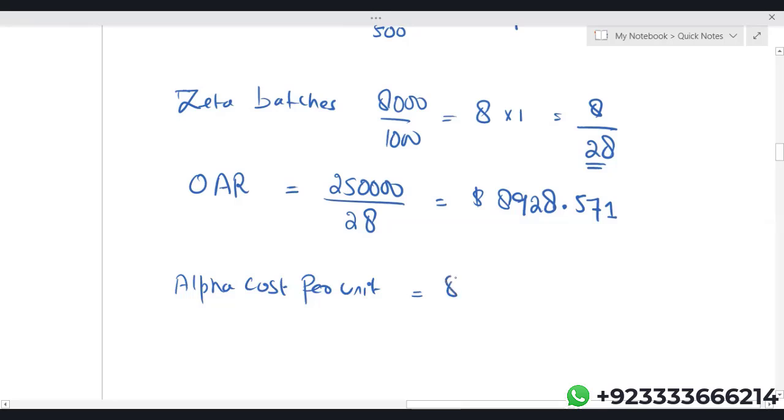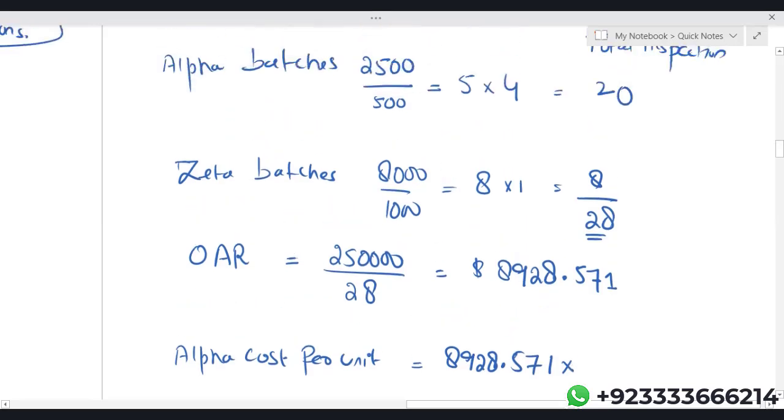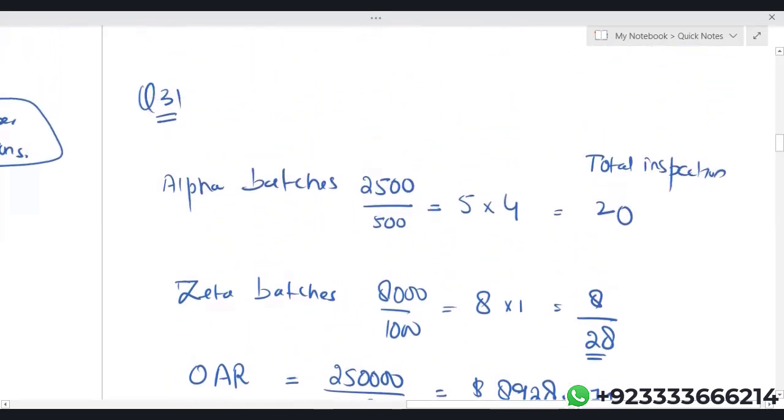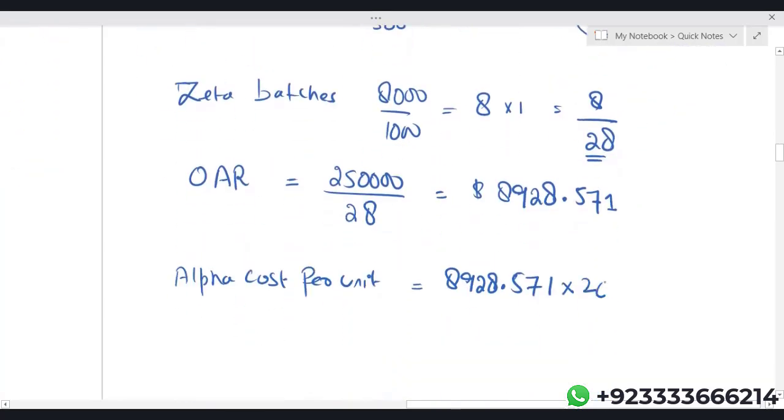Per inspection, the overhead cost is 8,928.571. This is per inspection cost. How many inspections do we carry out? Total inspections we carry out in alpha are 20. So multiply by 20. Now listen carefully, students.